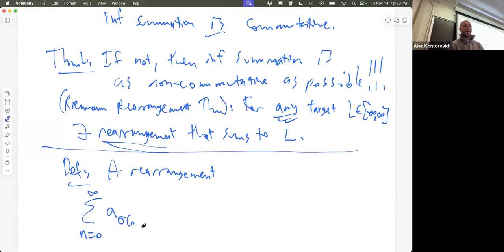So let's call this sigma of a. But sigma is not a subsequence. I don't want to skip some values and keep them in the same order. I want to completely change the order, so it's almost the opposite of a subsequence. It's not going to be monotonic. All it's going to do is make sure that it hits every value at least once and no more than once. So a rearrangement sigma is a function from the natural numbers that shuffles the natural numbers.